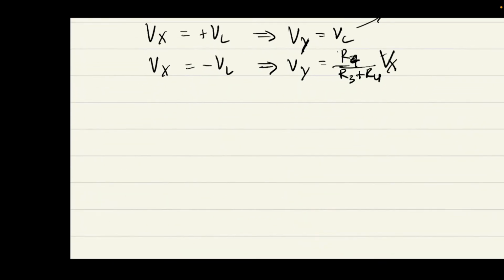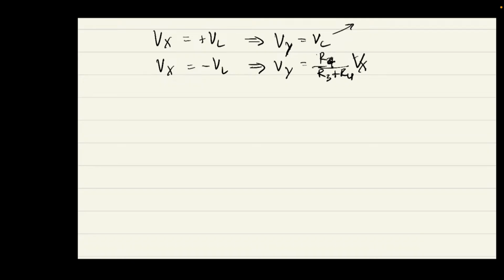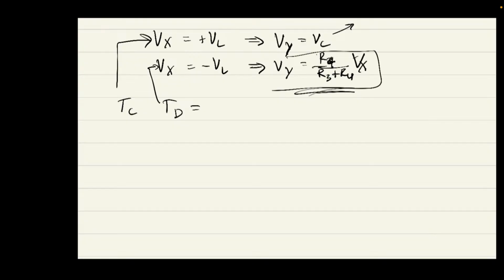Okay. So then what we have to do now is derive our two charging equations again, or the periods. So there's Tc for T charging, which will be in the case that Vx is positive VL. And there's Td for discharging, which is in the case where Vx is negative VL. Now, for Td, nothing has actually changed from the previous question, right? Because Vy is the same as it usually would be.